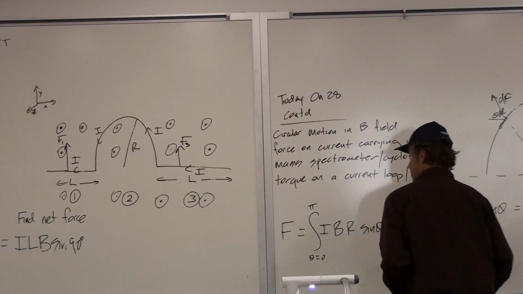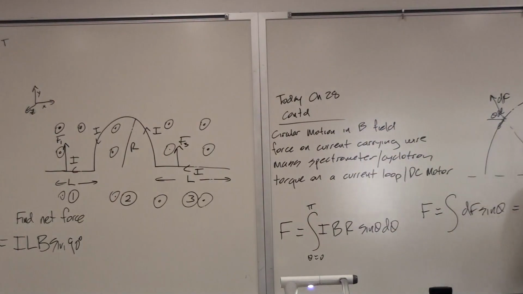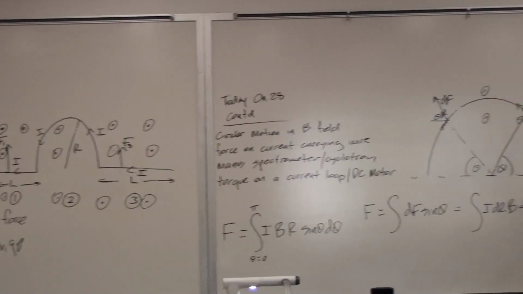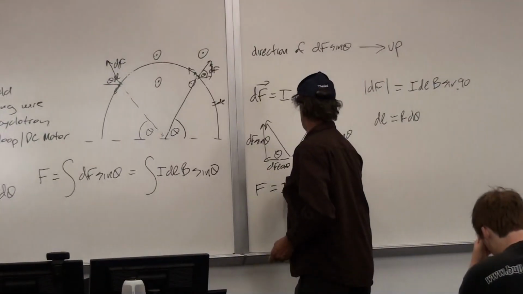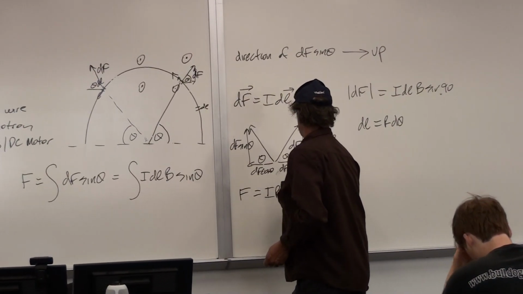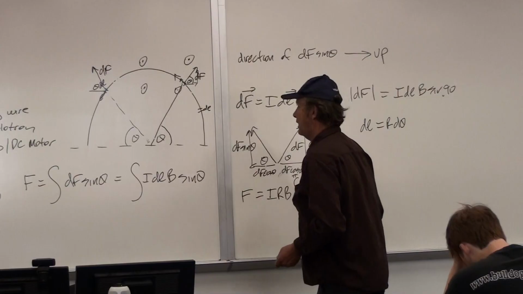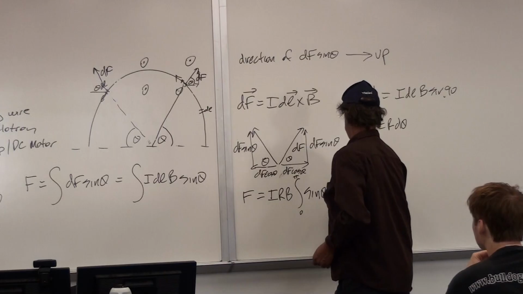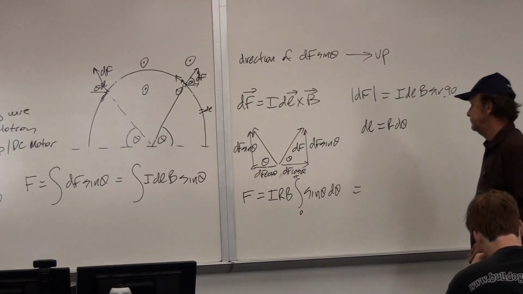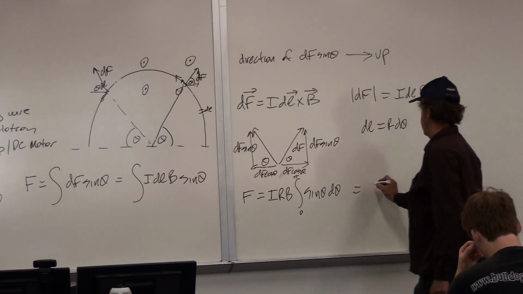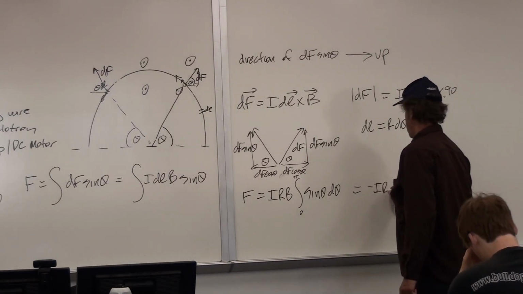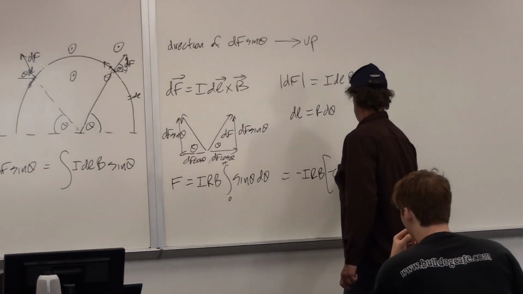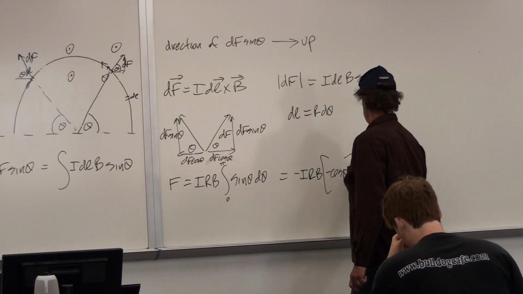Okay, so all we have left to do is to integrate, because I, R, and B are constants. We pull them outside of the integral. This is just the integral from 0 to pi of sine theta d theta. Integral of sine is what? Negative cosine. So that's minus IRB times minus cosine of theta evaluated from 0 to pi.